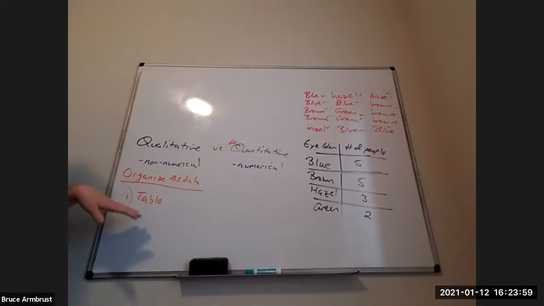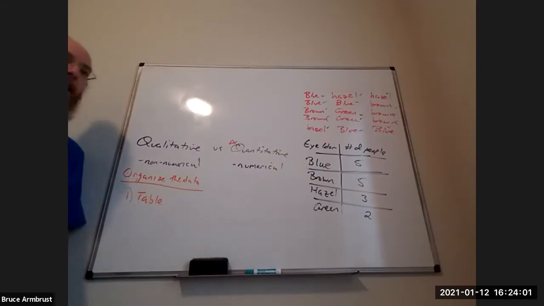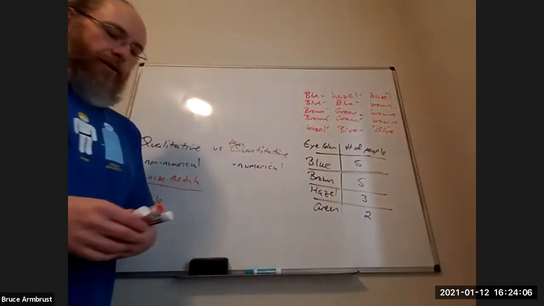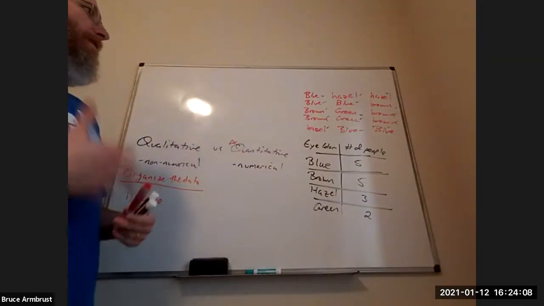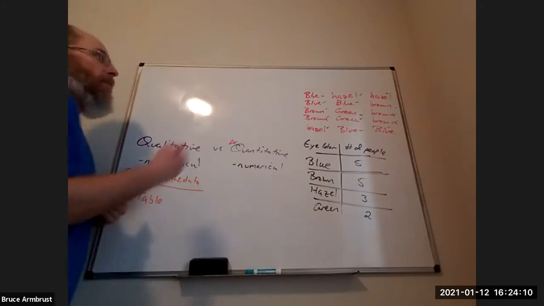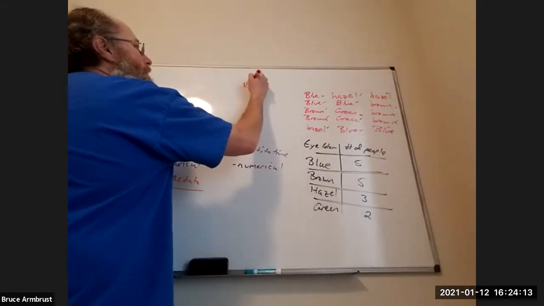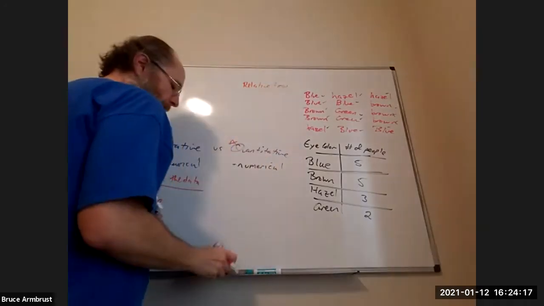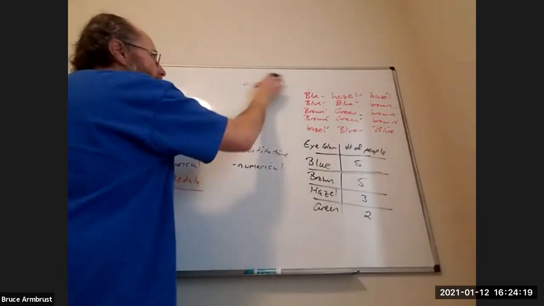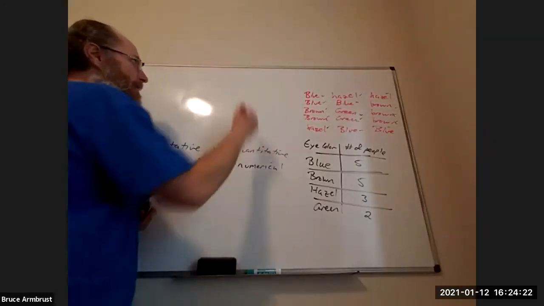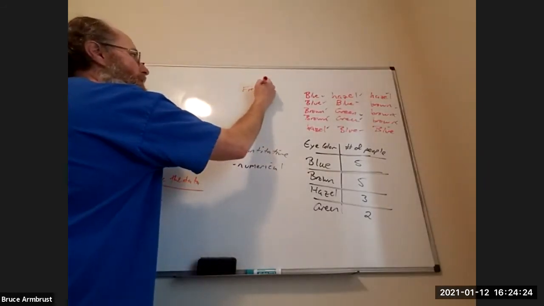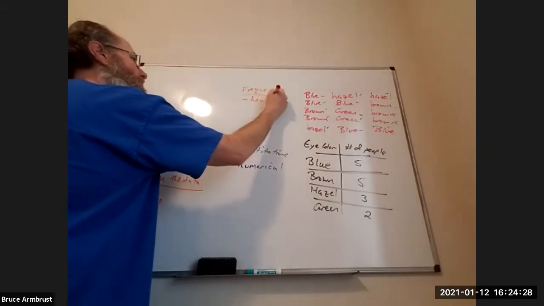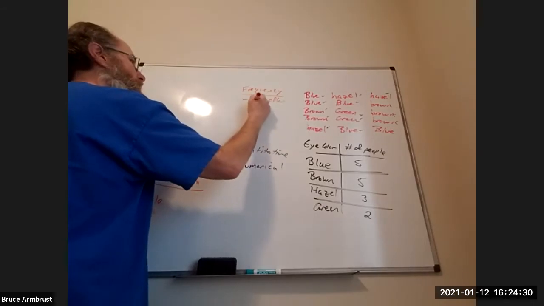All right, before I move off of this, I want to talk about another word we use to represent what's going on here. And this is what we call relative frequency. Actually, before I get to relative frequency, I should probably just talk about frequency. In the context of statistics, frequency is how often something occurs.